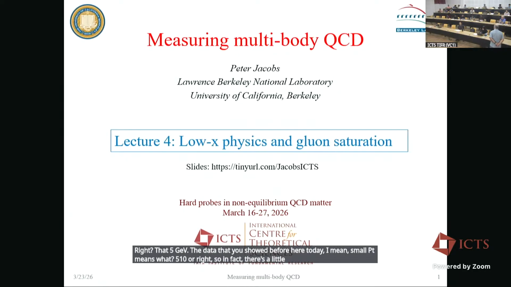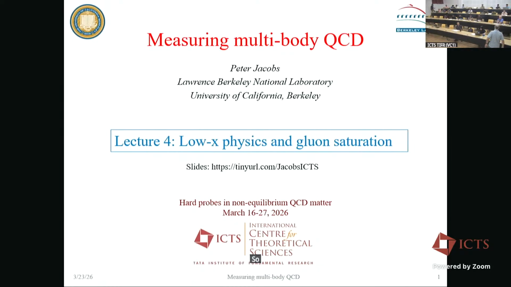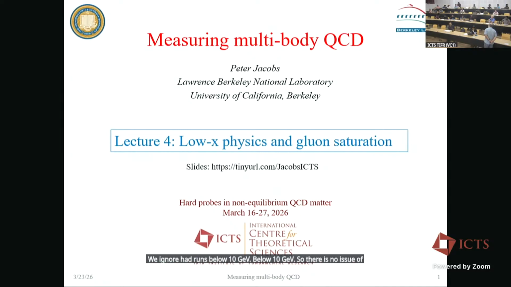We ignored hadrons below 10 GeV. So there is no issue of rescattering in the hadronic phase. Yeah, there are many things. In principle, we could include it, and that would be an obvious discrepancy in the theoretical modeling of Q hat, of course, yes.